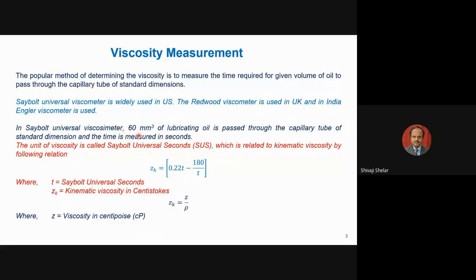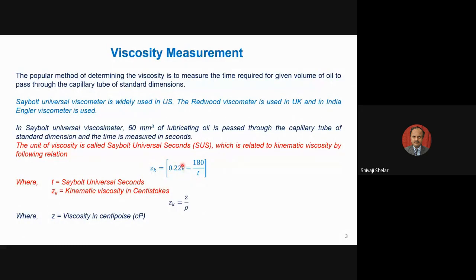You pass this 60 milliliters of oil through the restricted passage of the capillary tube and measure the time. Suppose the time required is 10 seconds. You will take 0.22 into 10 minus 180 upon T. That much kinematic viscosity you will get.